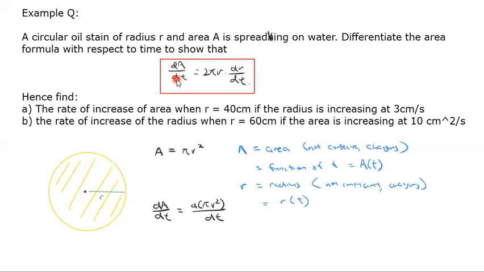Well, here's the thing. If you end up having that, then basically what's going to happen is, pi is a constant, yes? So can we take that out? Yes. Good. Now, is r a constant? No. Is it a function of t?